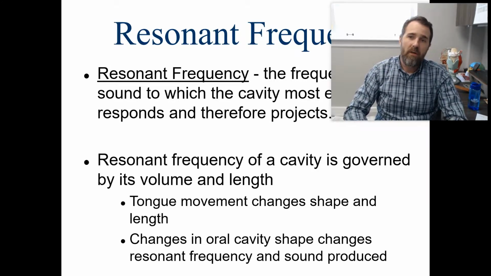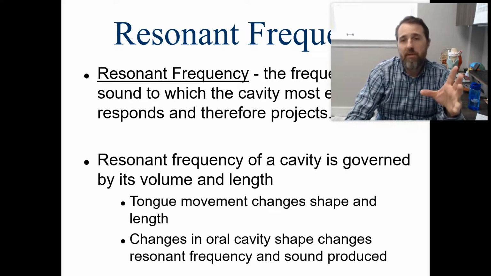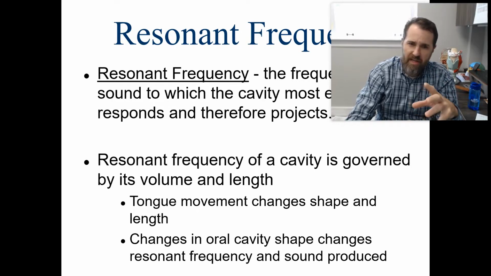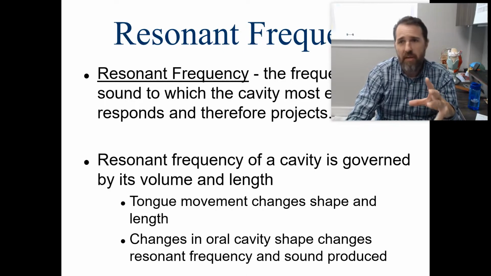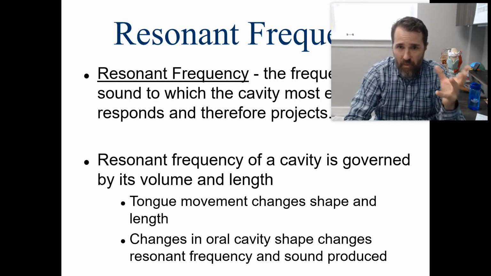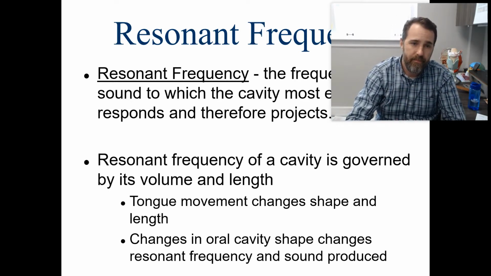So by moving our tongue within our oral cavity, we change the shape of our oral cavity. And by changing the shape of the oral cavity, we change the resonant frequency of the oral cavity, which changes the vowels that we're making. That's how you produce different vowels.